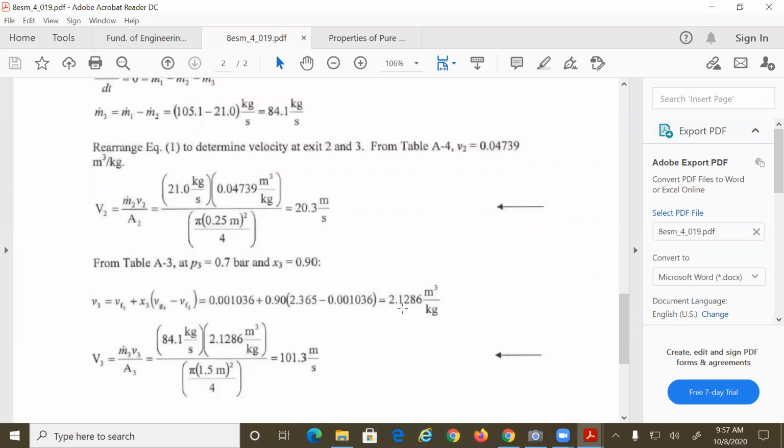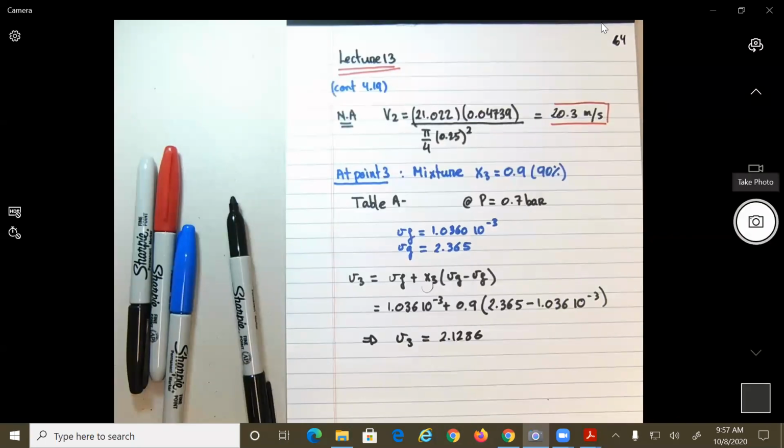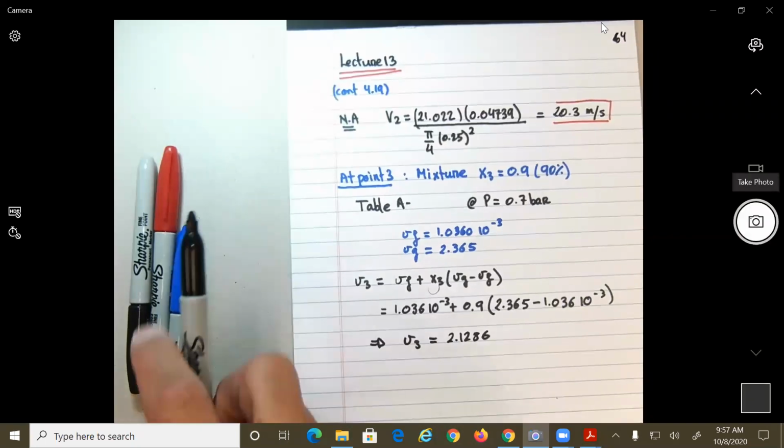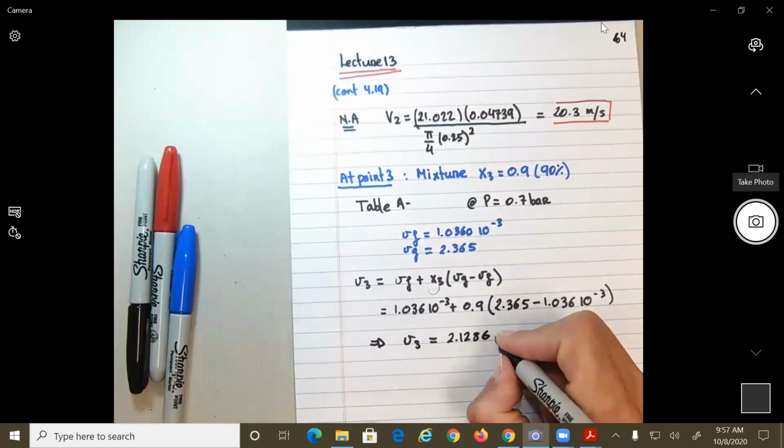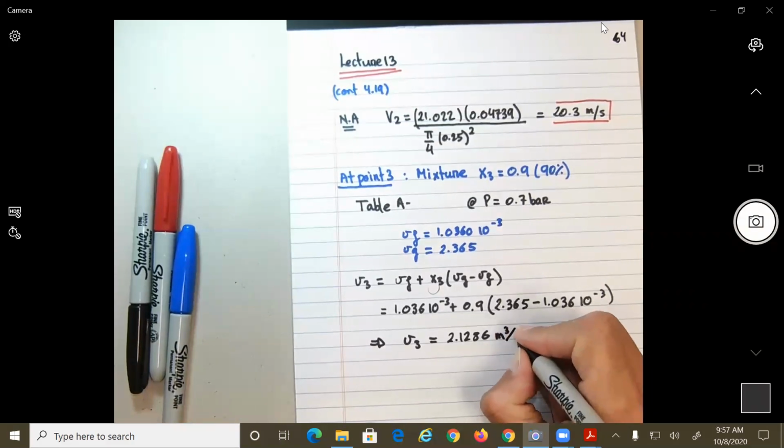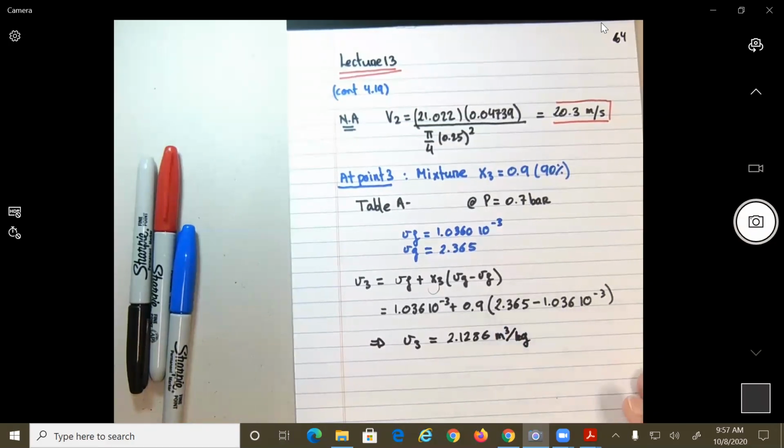This should give you 2.1286, and this should be cubic meters per kilogram.